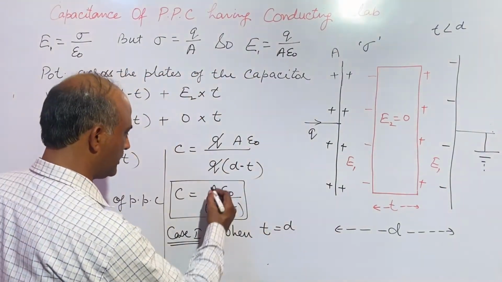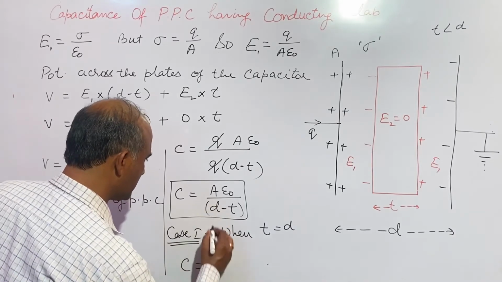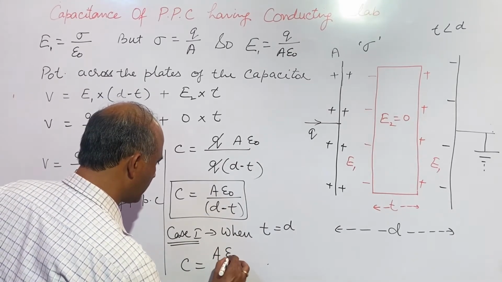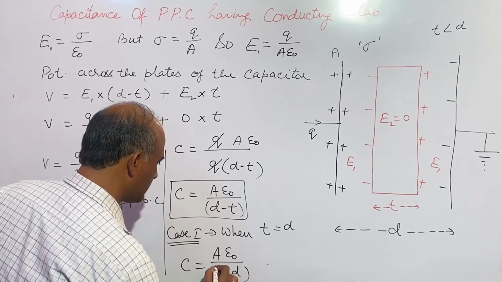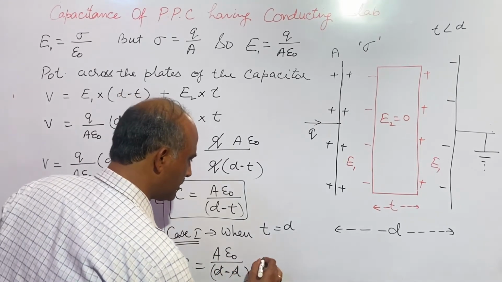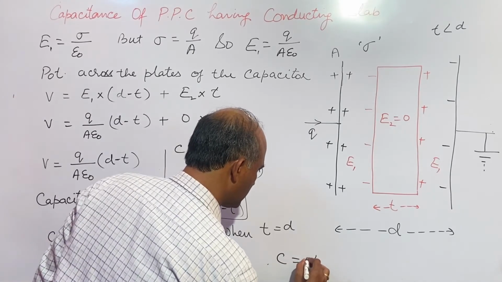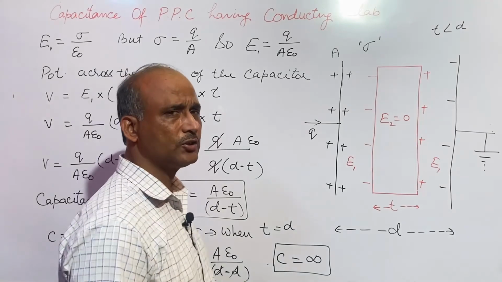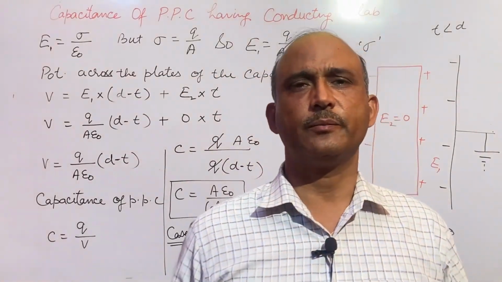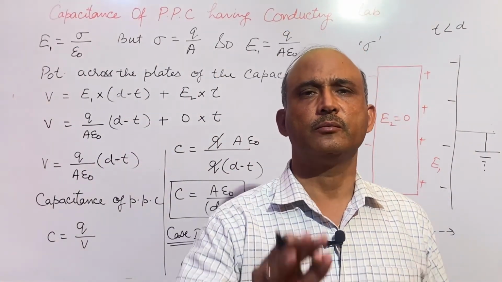So t is equal to d, hence C is equal to A epsilon naught upon d minus d. Cancel out, something upon 0, so C becomes infinite. So in this condition, the capacitance of the parallel plate capacitor will become infinite.